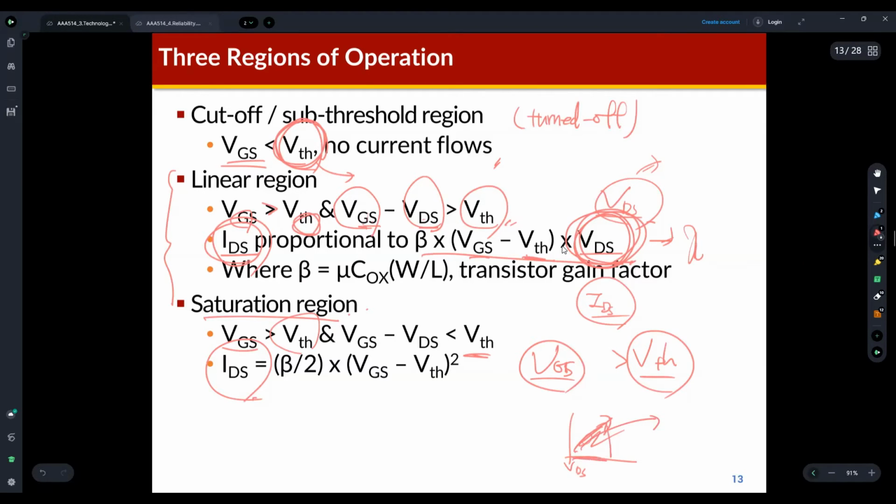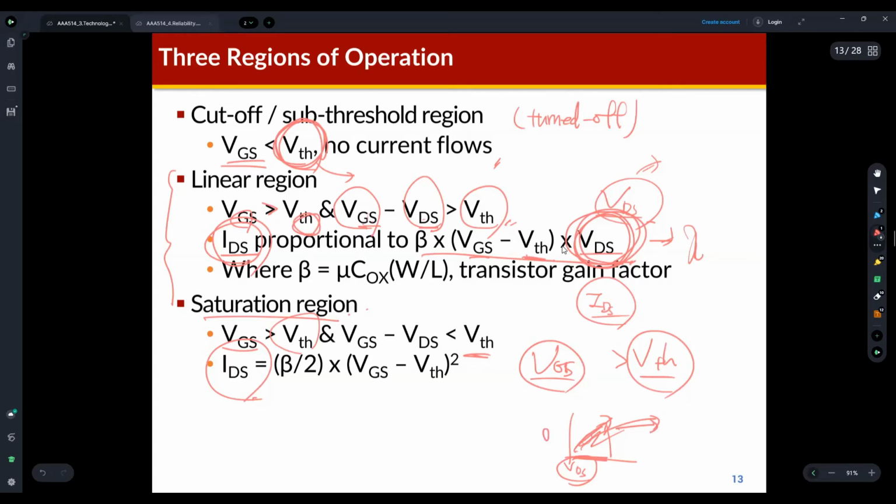We can observe that this IDS, the current between source and drain, is first proportional to the voltage difference VDS, and then it's saturated.